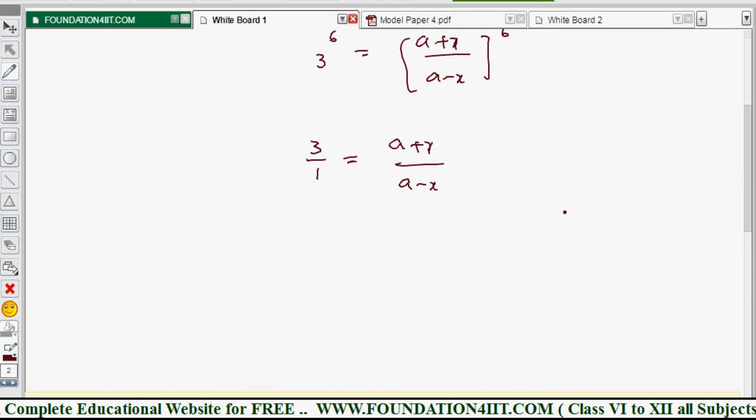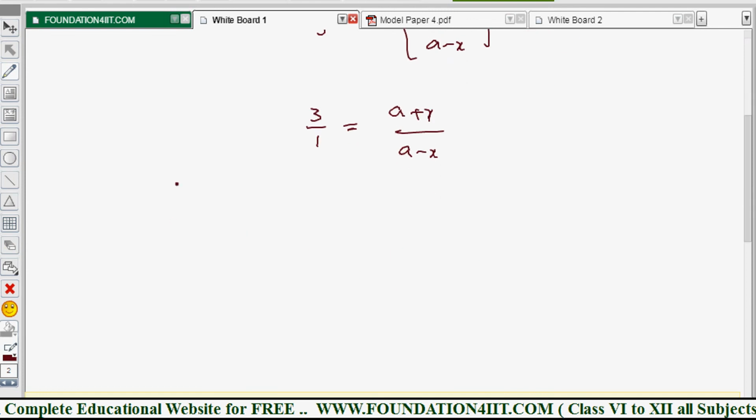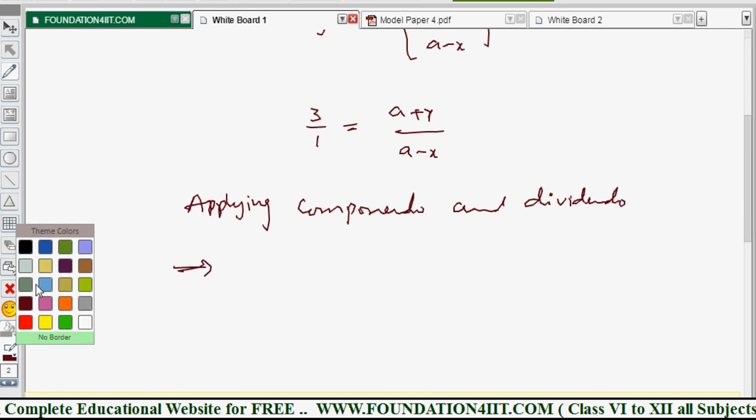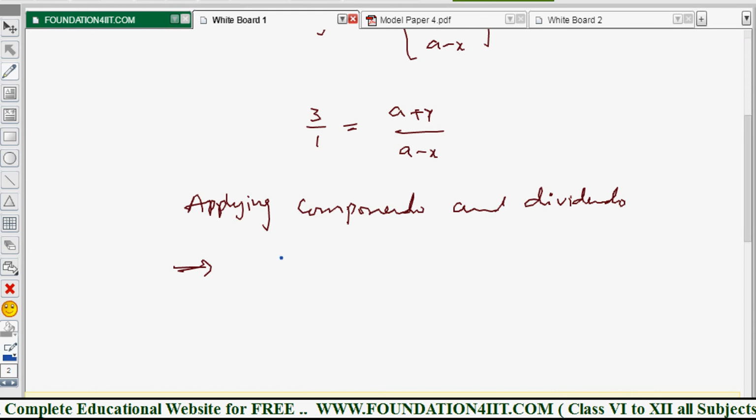Then we'll apply the componendo and dividendo rule. You know the formula for componendo and dividendo: adding numerator and denominator, and subtracting both.